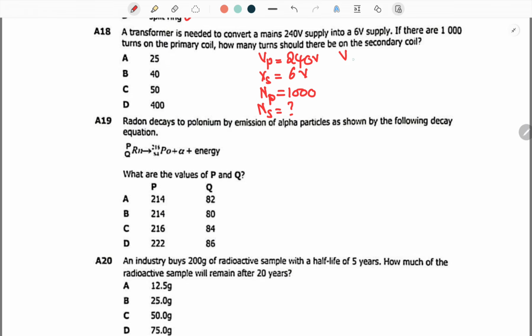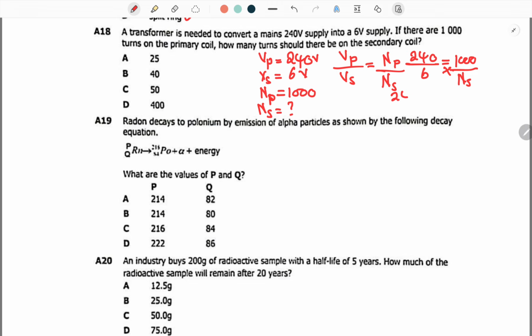Okay, so of course it's voltage primary over voltage secondary equal to the number of turns primary over number of turns secondary. So the voltage primary was 240, and then voltage secondary was 6. The number of turns primary is 1000, and what we are looking for is the number of turns secondary.